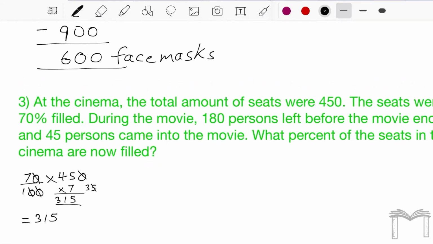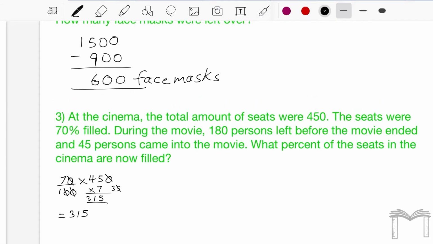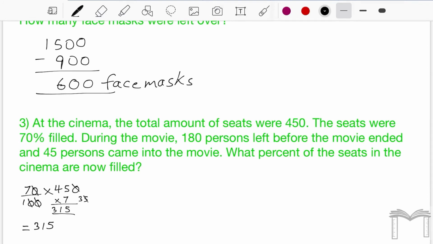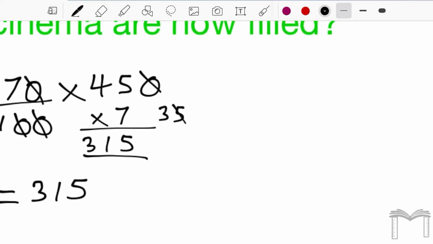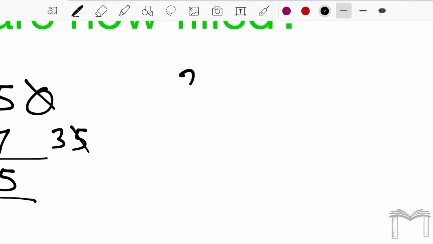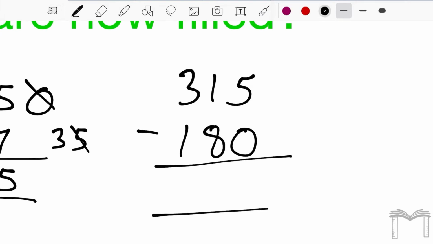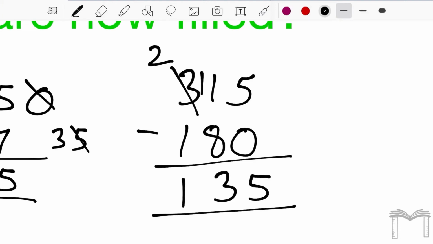During the movie, 180 persons left before the movie ended, and 45 persons came into the movie. So we started with 315, 180 persons left, so we must subtract. 11 take away 8 is 3. 2 take away 1 is 1.